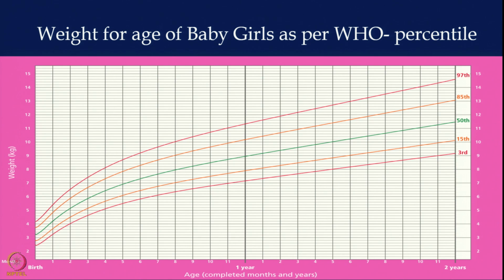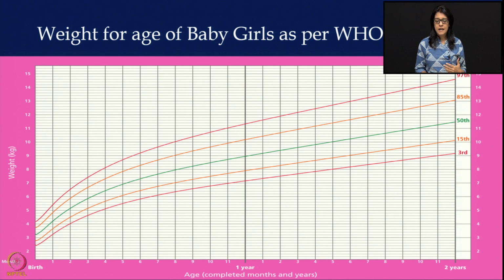But unfortunately in India, we have so many underweight children and so many children who are stunted. As per NFHS 5 data, 32% of children are underweight, 32%. Normally we should have less than 3%, even less than 2.7%, below this 3rd percentile. We have almost 32% of children.